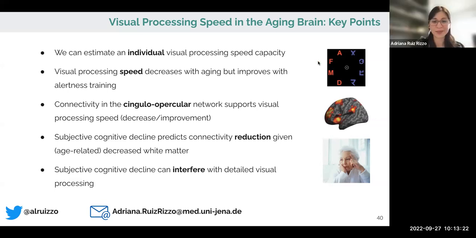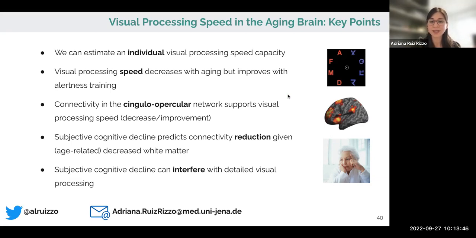Yes, definitely. So one follow-up for this would be studying mild cognitive impairment, what we think subjective cognitive decline could lead to. Mild cognitive impairment is a higher risk stage for dementia.